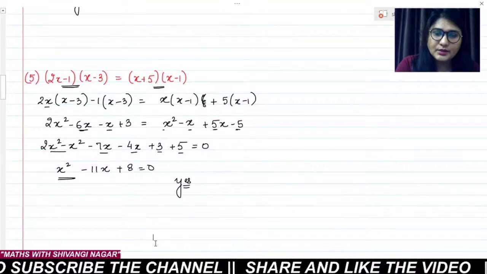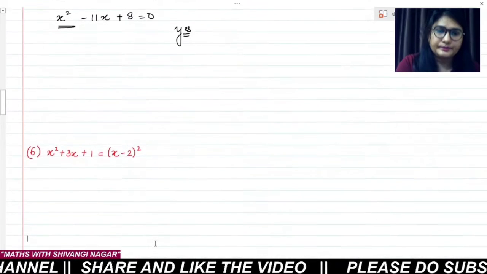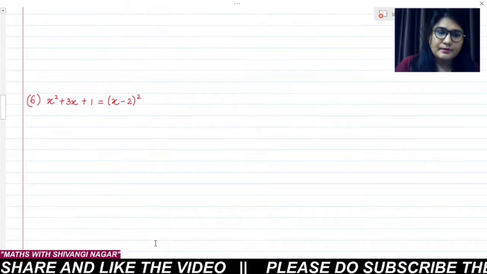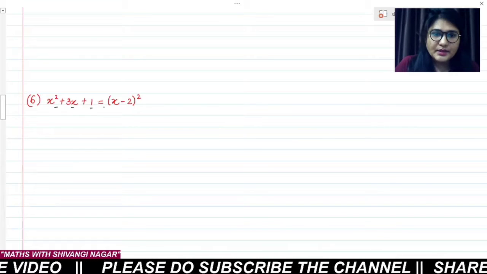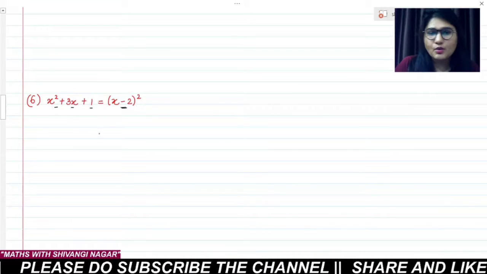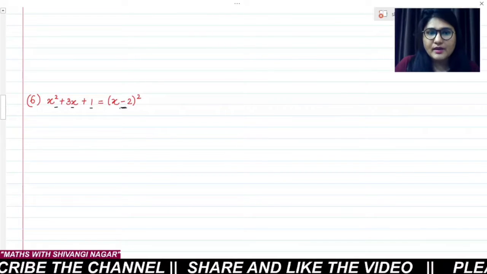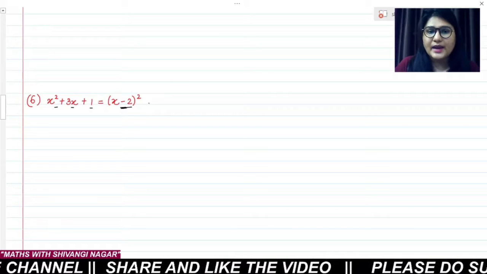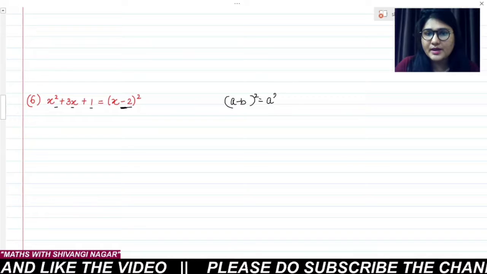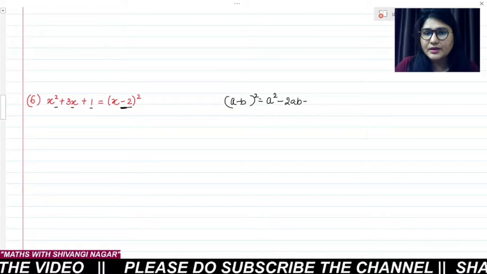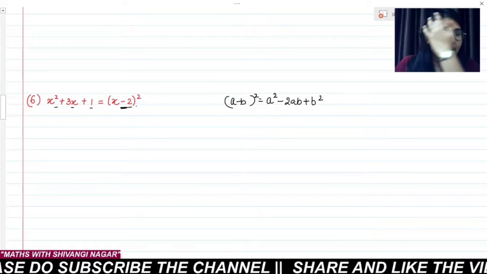Now coming on the next one, question number 6, the sixth part. So see here, x square plus 3x plus 1 is equal to x minus 2 whole square. On the left hand side we cannot solve, but the right hand side we can solve. Here we have x minus 2 whole square. So by applying the identity a minus b whole square, which is opened as a square minus 2ab plus b square, first we will expand the right hand side.